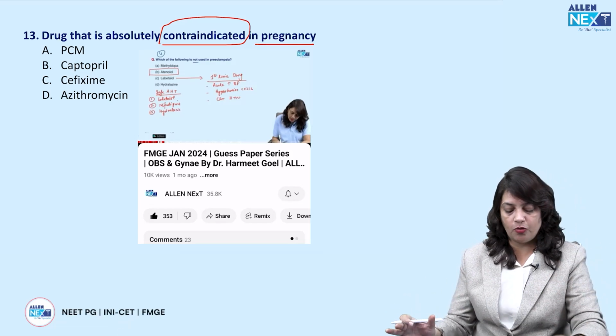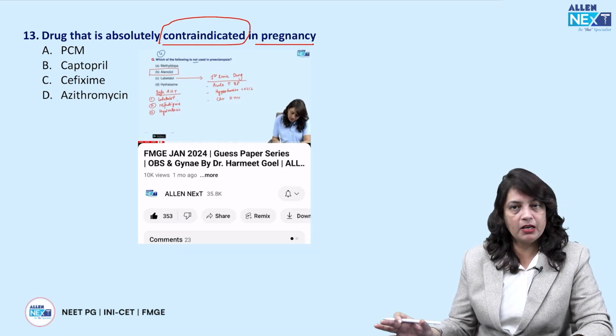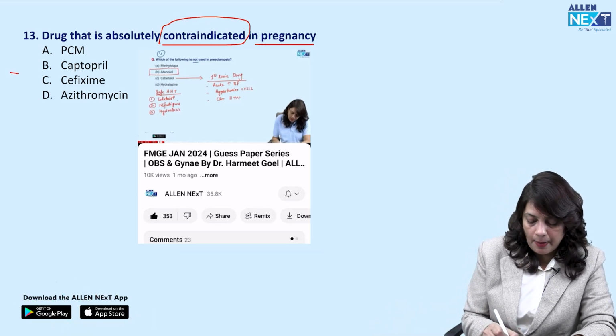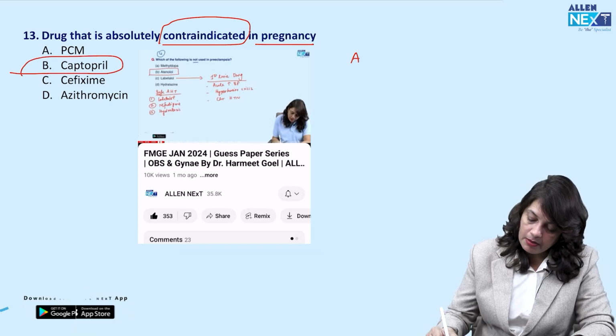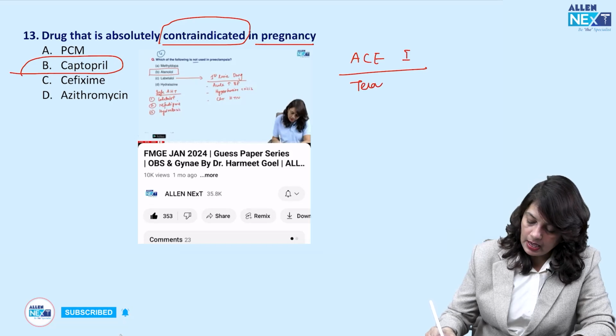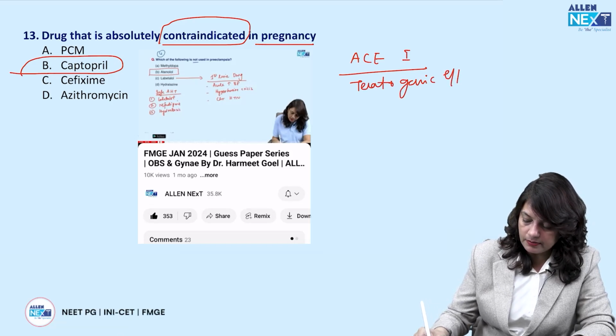Next, drug that is absolutely contraindicated in pregnancy: paracetamol, captopril, cefixime or azithromycin. Macrolides like roxithromycin and azithromycin can be given, cefixime is again given and paracetamol can be given. So captopril is contraindicated because ACE inhibitors are contraindicated in pregnancy as they cause teratogenic effects.